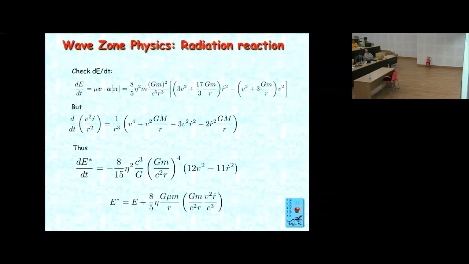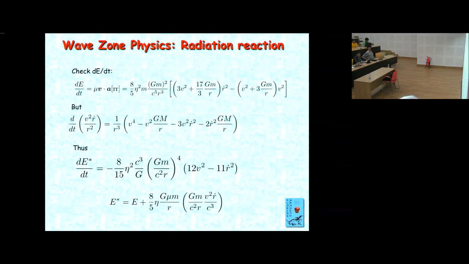So it's the original E, the conserved E that you had before radiation reaction, plus a term that involves this V squared R dot over R squared. Okay? This is a 2.5 PN correction to the energy. So it's beyond 2 PN order, where we know energy is strictly conserved. So in a way, it doesn't really make a lot of difference. If we average over one orbit, it's not hard to argue that this averages to zero. These are just oscillatory functions. It's certainly zero for a circular orbit because R dot is zero.